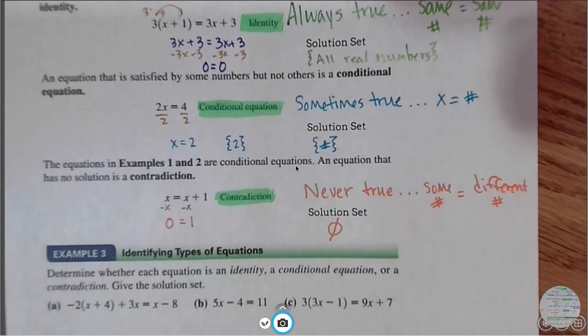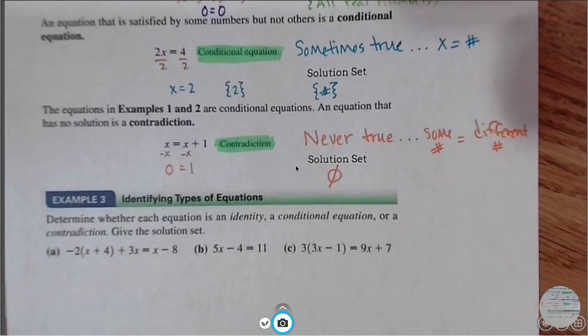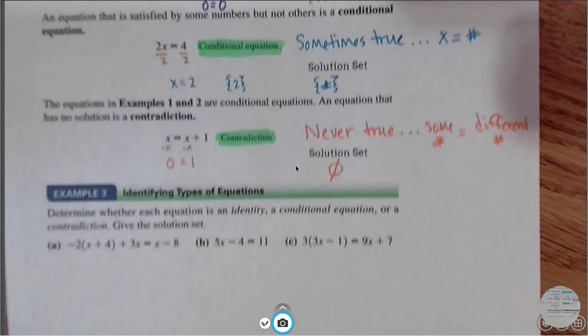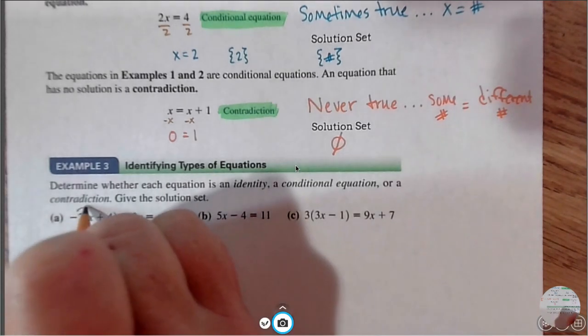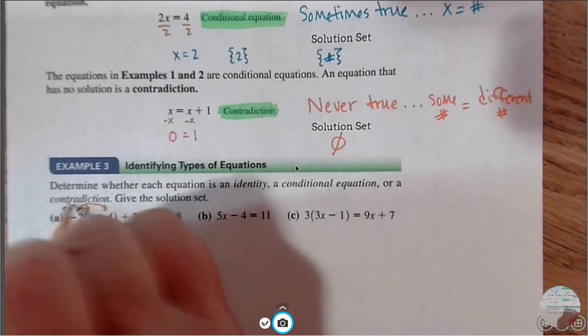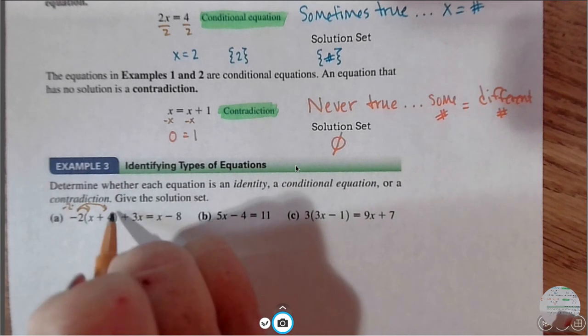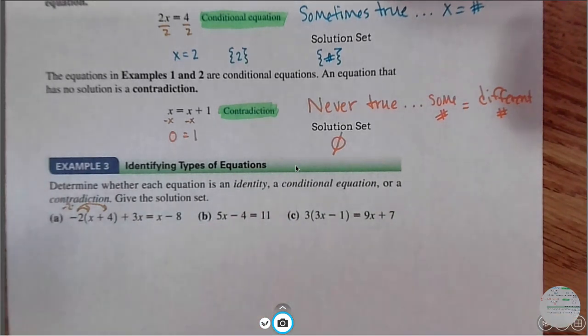So let's identify if we have an identity, conditional equation, or contradiction, and then give the solution set. So on A, I am going to distribute that -2 on the left side here, just to these two terms. The parenthesis tells me to stop there.